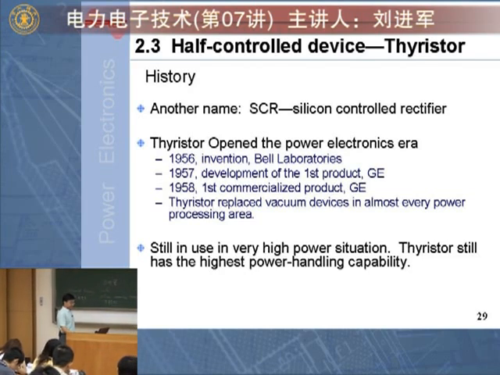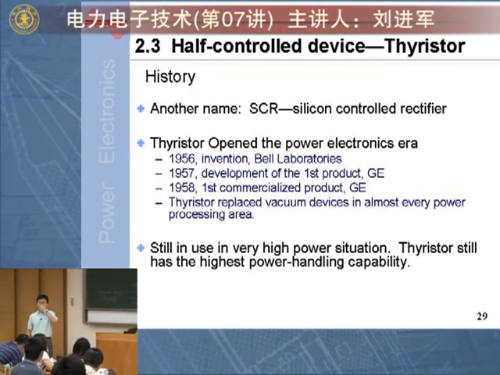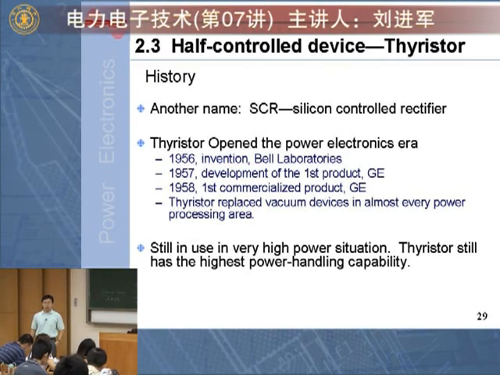And after the invention of the thyristor, the previously used vacuum devices, as we already mentioned before, became obsolete because the thyristor has much better performance than the previous vacuum tube devices.